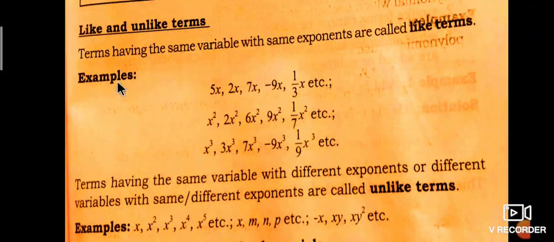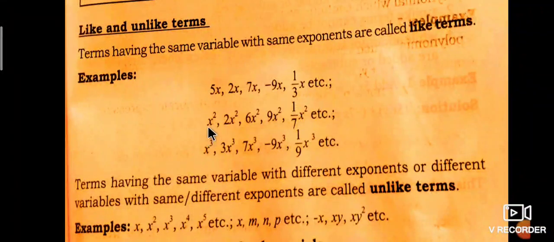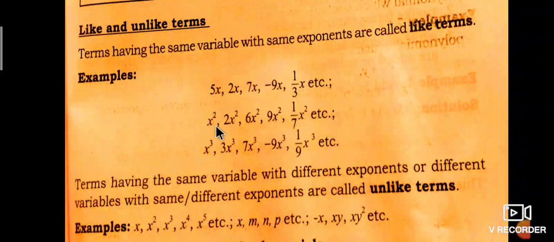like terms. Examples for like terms are 5x, 2x, 7x, minus 9x, 1 by 3x, etc. These are all called like terms because they have the same variable x, and the exponent is 1 in each. Similarly, x square, 2x square, 6x square, 9x square, 1 by 7x square are also like terms because they all have the variable x with power 2.